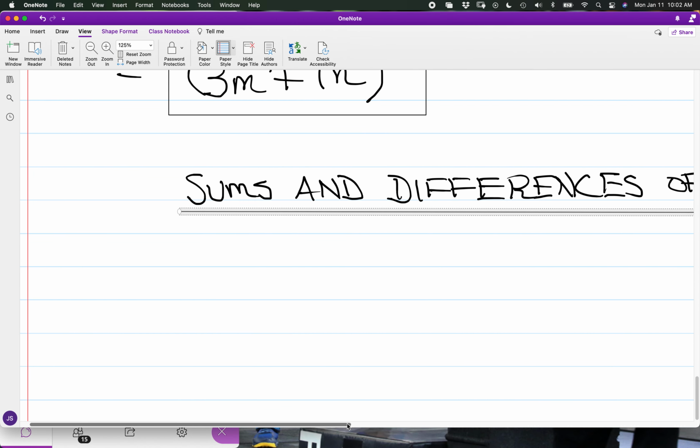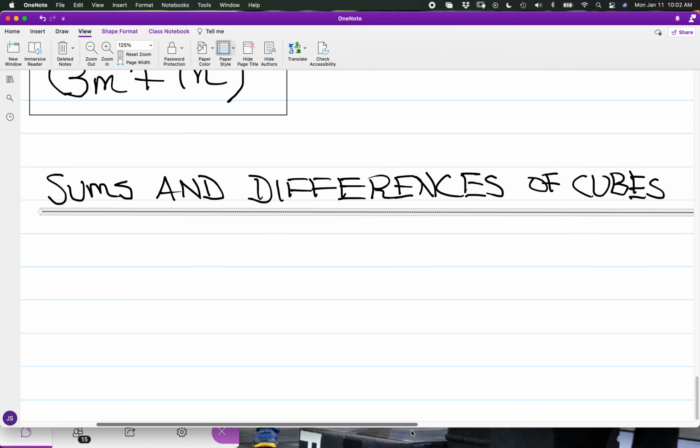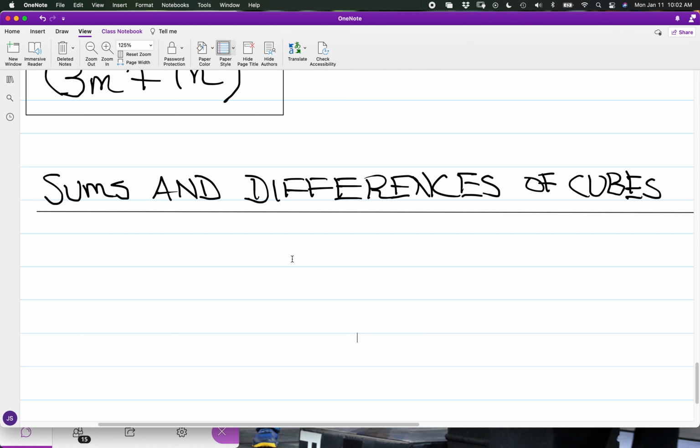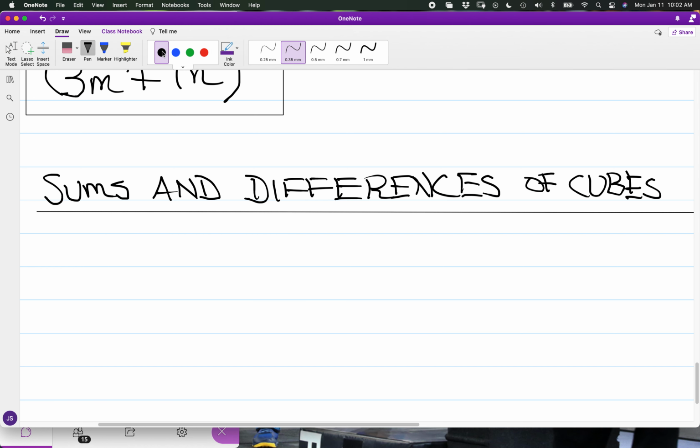Okay, so for what we have at the foundation, for sums and differences of cubes, you do have a formula. Now for the sum of cubes, you have a to the third plus b to the third. And if we factor out, there's going to be a binomial factor of addition, whereupon we're going to have the quantity of a plus b.